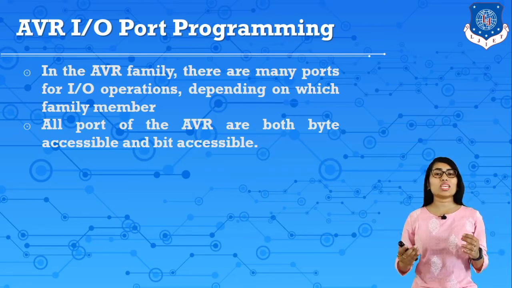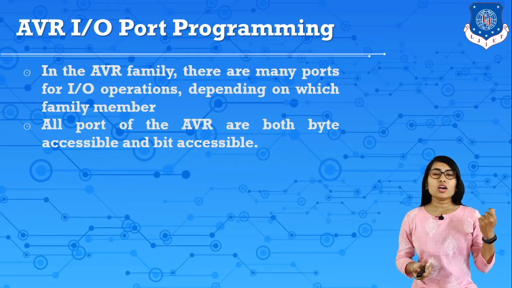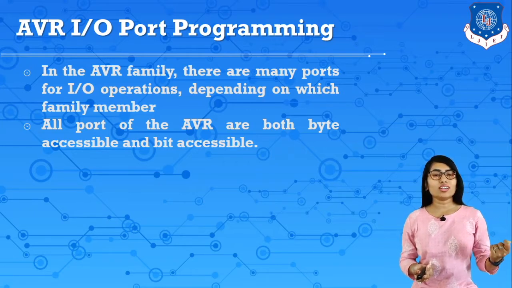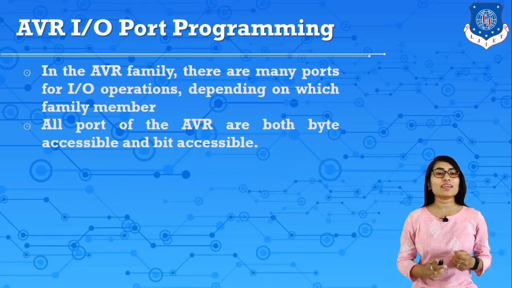That means we can access a port's whole bits at a time, or we can particularly read, copy or alter some bits. So ports of AVR are either byte accessible or bit accessible.